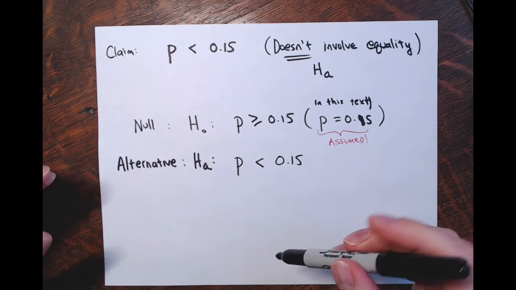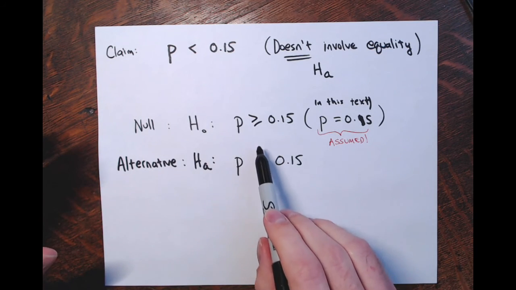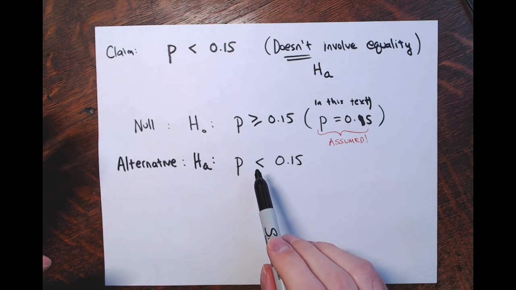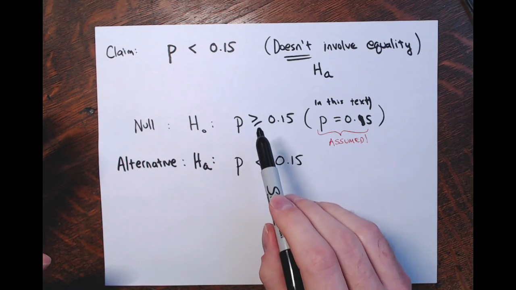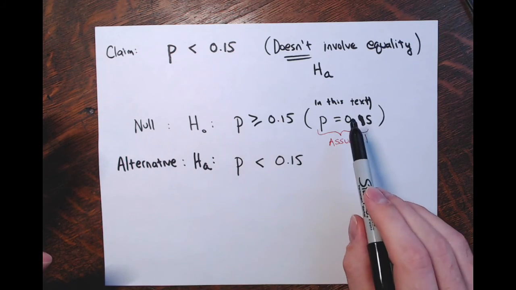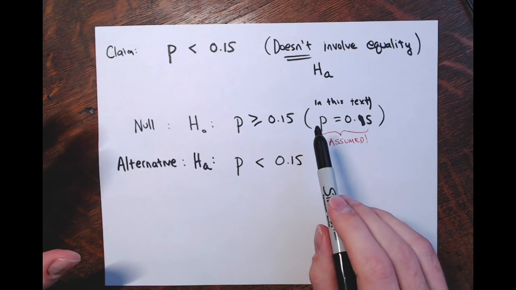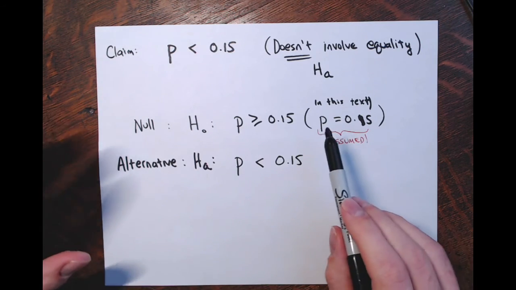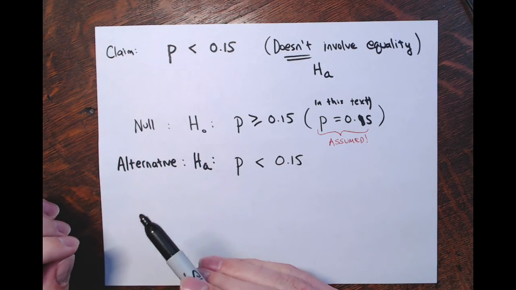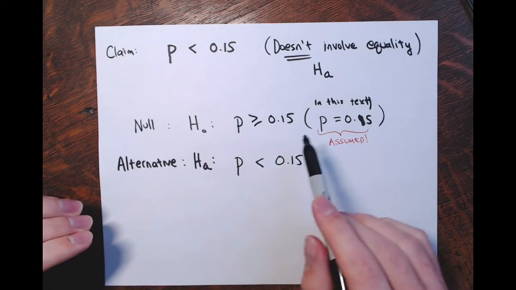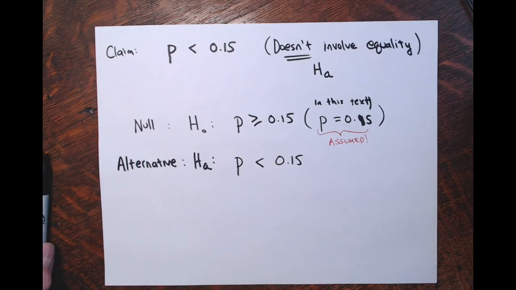All right, so for right now, just know that yes, this is totally valid. They should oppose each other. They should be negations of each other. But for the null hypothesis in this book, in Newton Alta, they're just going to write down what's going to be assumed in the hypothesis test, the equal part.